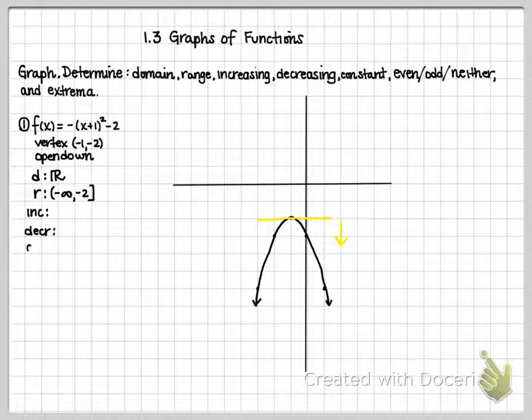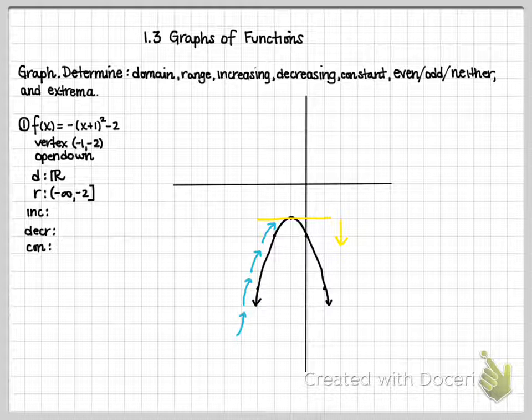If I take a look at my graph, if I come in from the left-hand side of this thing, let's grab a color here. If I come in from the left-hand side, it looks like my y values are going to be increasing as I get closer and closer and closer to the vertex.